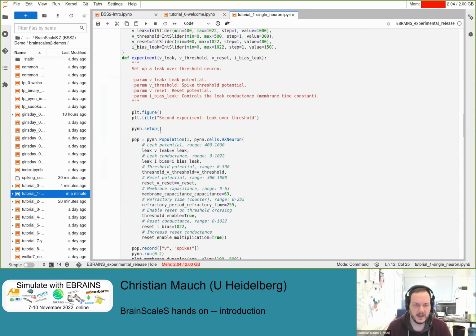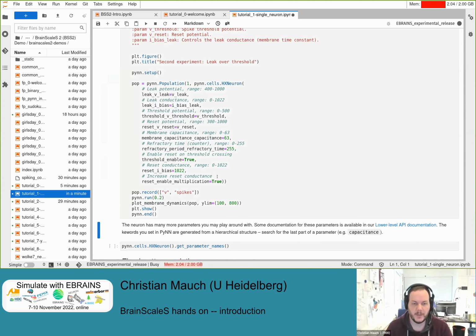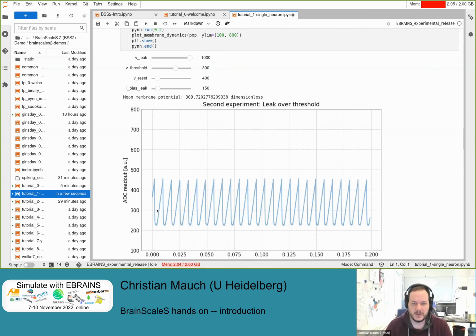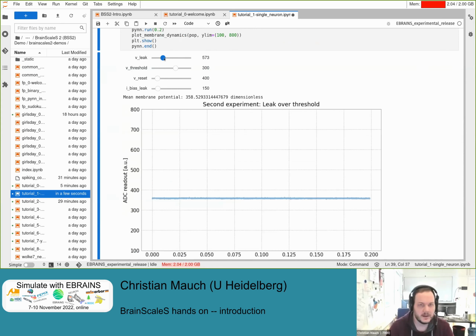So we can execute it. And then we see the membrane trace of this neuron that is continuously firing. Each of these points is where the neuron emits a spike and is reset to the reset potential. So again, if you reduce the leak potential below it, it's again a silent neuron.